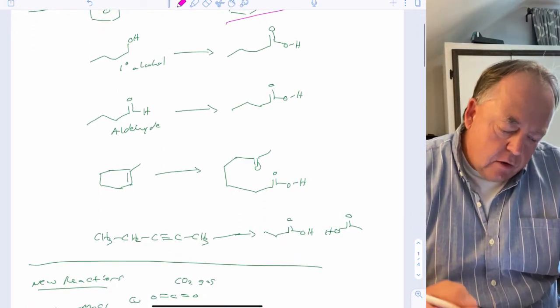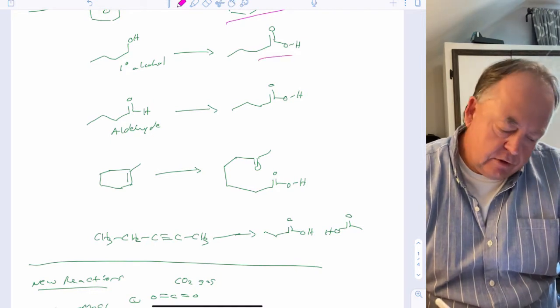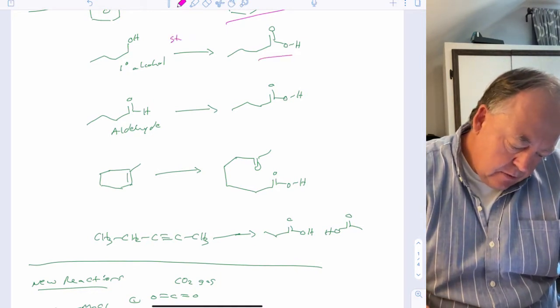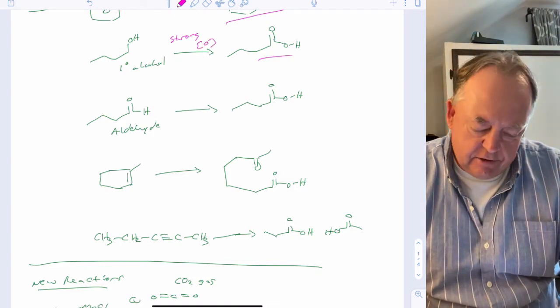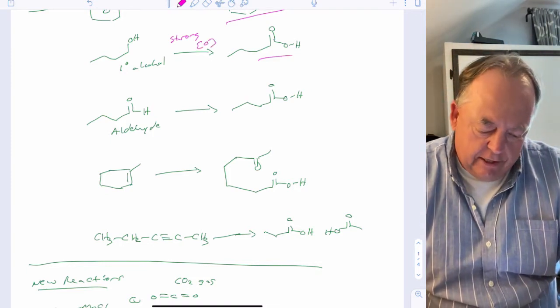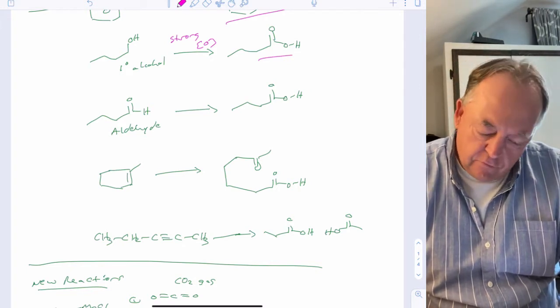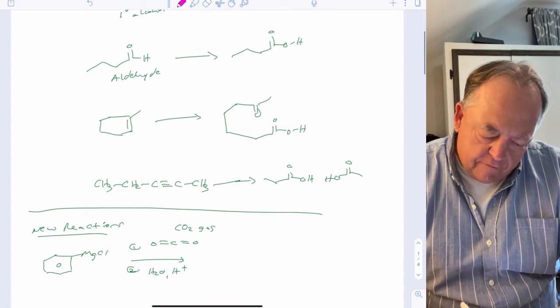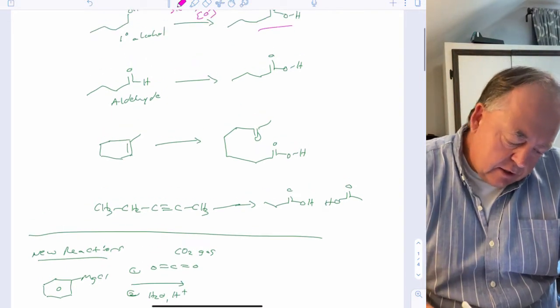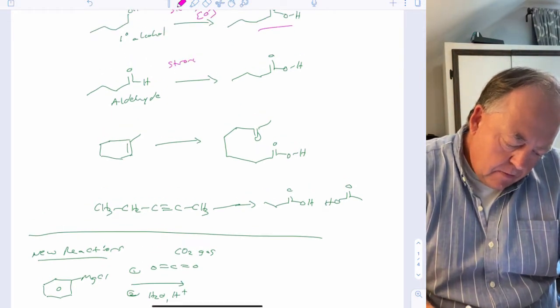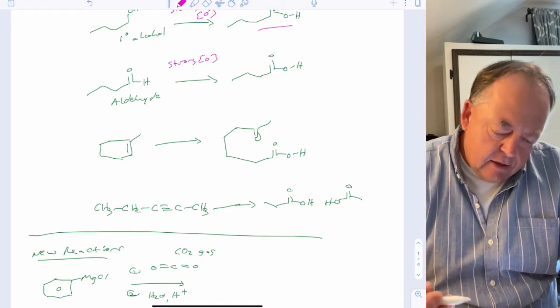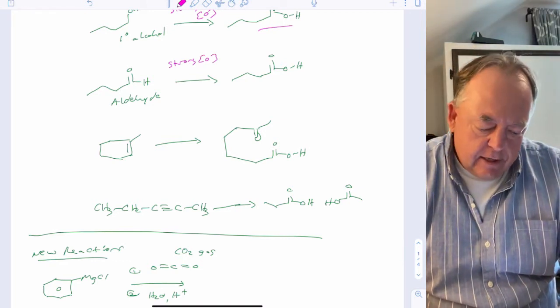Or if you have a primary alcohol, you can oxidize it to a carboxylic acid, if you remember what your reagents are. So any strong oxidizing agent, and we looked at several like KMnO4, H2CrO4, sodium dichromate, so forth. Or if it's an aldehyde, again with a strong oxidizing agent, then it will oxidize to a carboxylic acid.